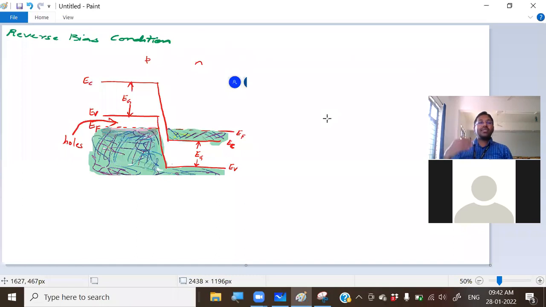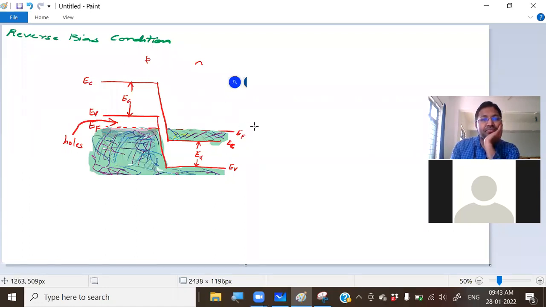As I told you, reverse bias means on the N side we connect positive. So, when you connect that, the energy levels of this N side will go lower compared to those of the P side.